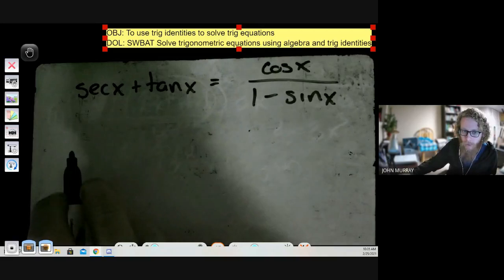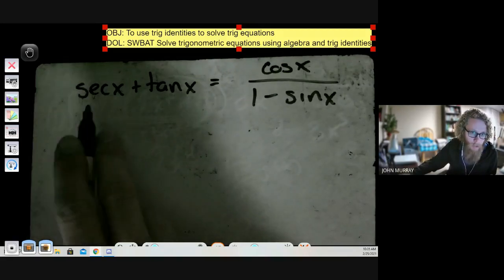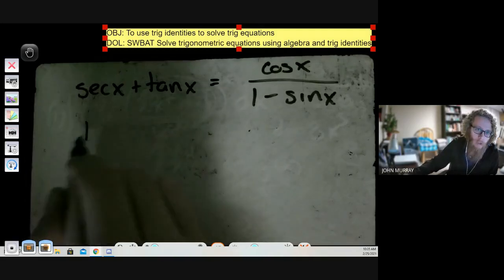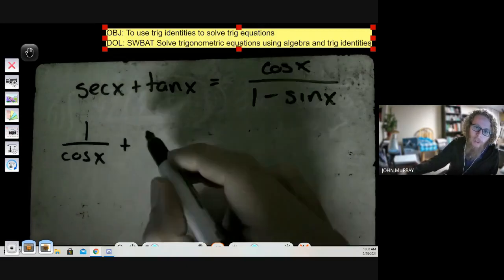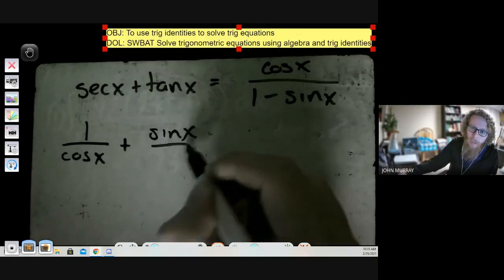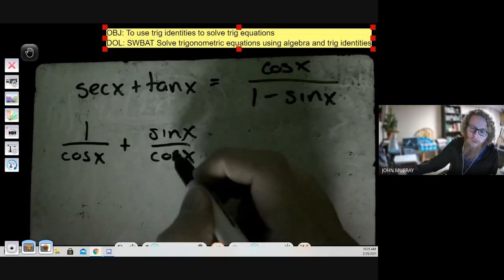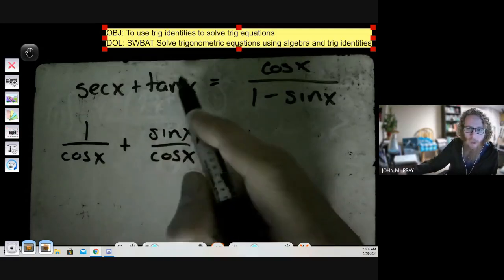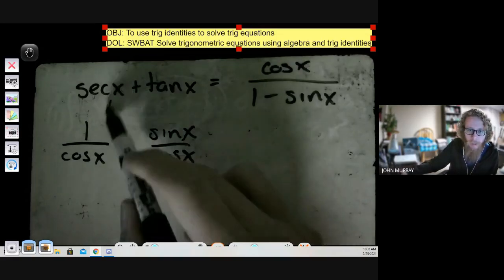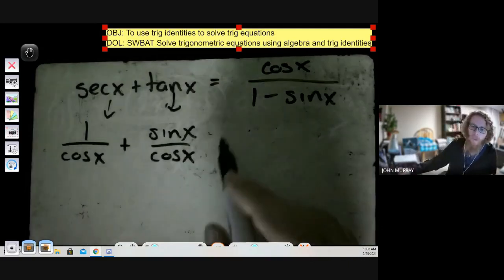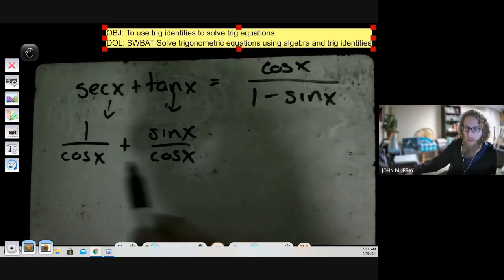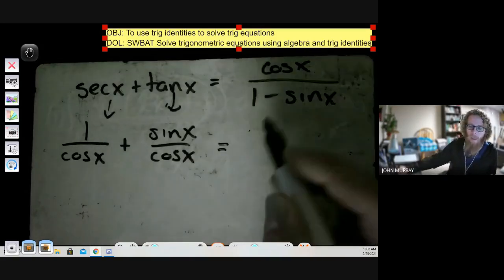All right, so with secant and tangent, one of the first things we can do is change them using our quotient rule. Secant is also 1 over cosine. Tangent is sine over cosine. Okay, so we used a reciprocal rule and a quotient rule. Now, we're adding fractions, and we already have a common denominator.